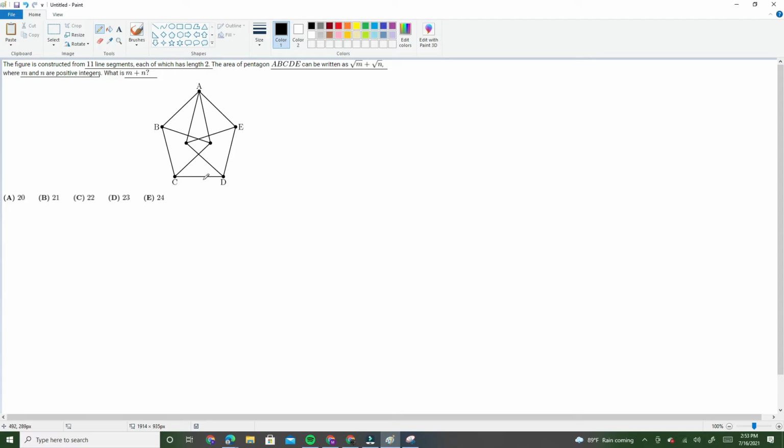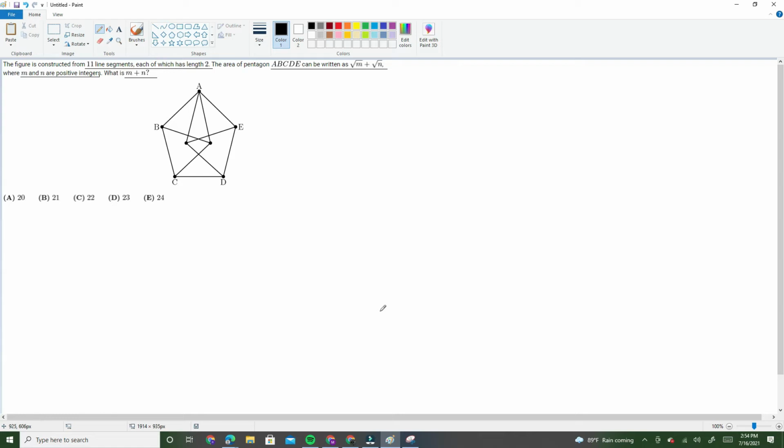We have 11 line segments, each with a length of 2, and together they form this pentagon ABCDE, which has an area that can be written as root m plus root n. We pretty much have to figure out its area to get m and n, and we will add those to get our answer, which is going to be one of the following answer choices: A 20, B 21, C 22, D 23, or E 24.